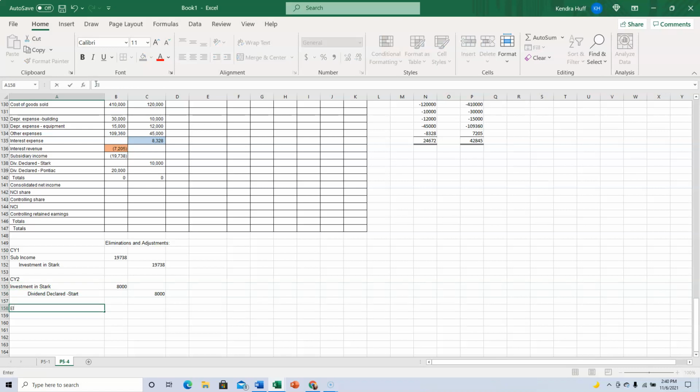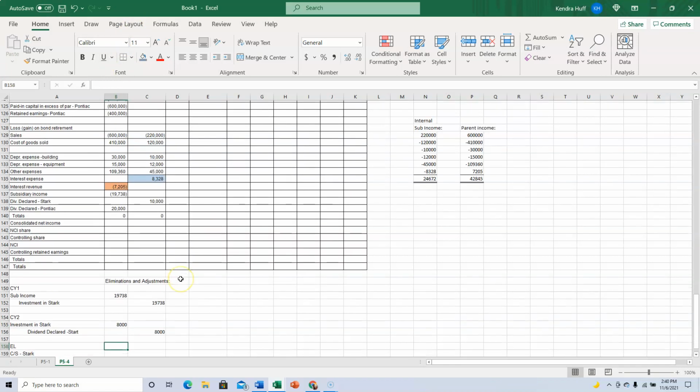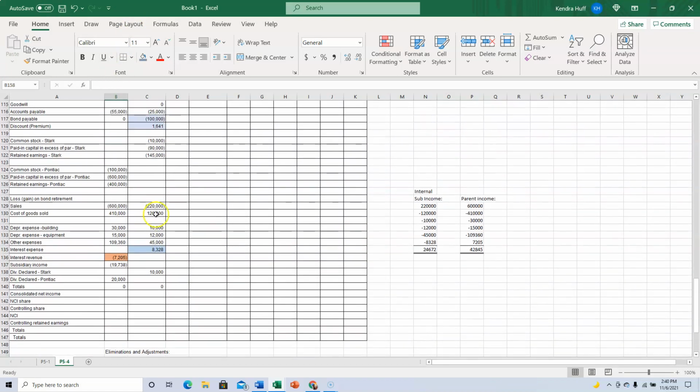Now our EL. I go to common stock, Stark, paid in for Stark, retained earnings for Stark. It's going to be 80% of them. And it's 80% of 10, 90, and 145.